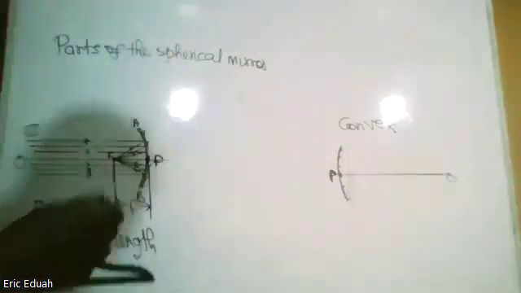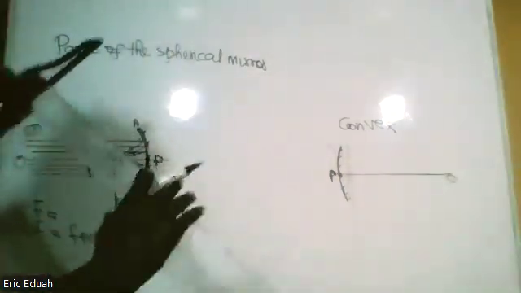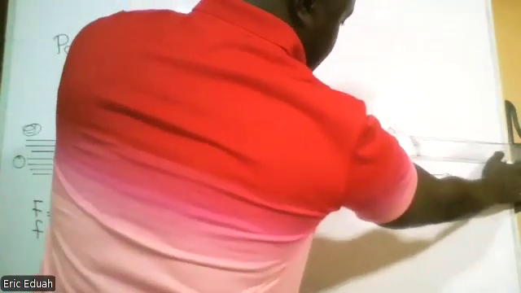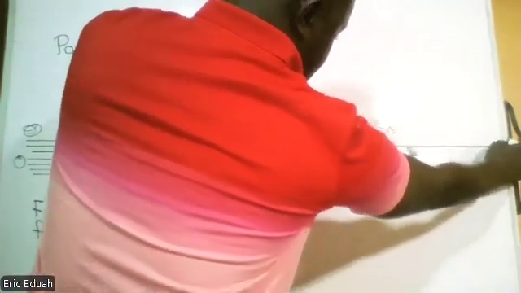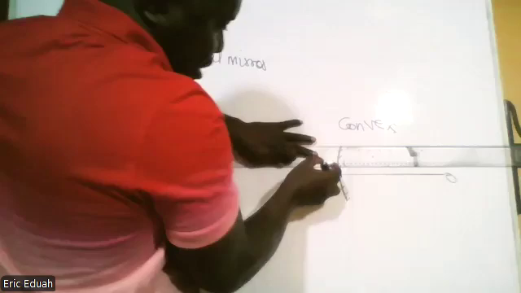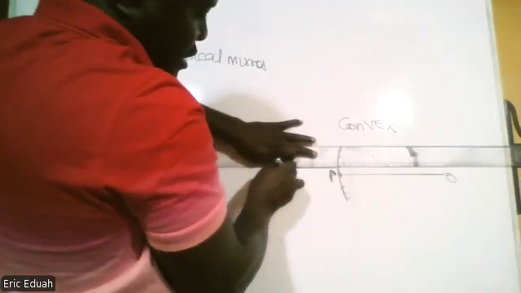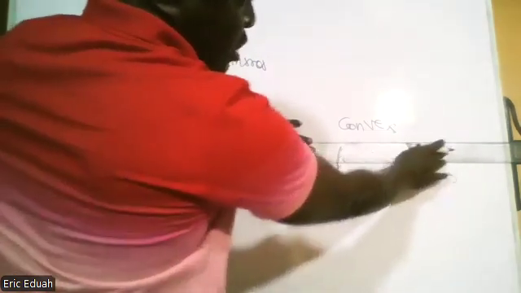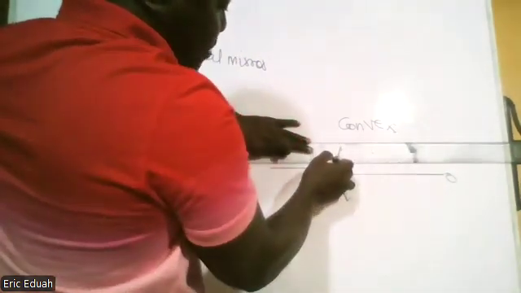Now let's send incident paraxial rays to this mirror. Rays that are close and parallel to the principal axis. Just a few lines to represent practically.